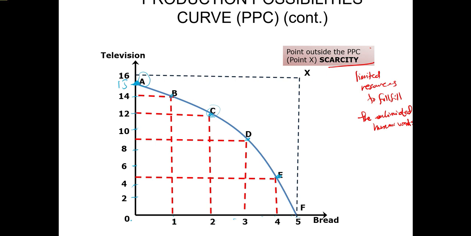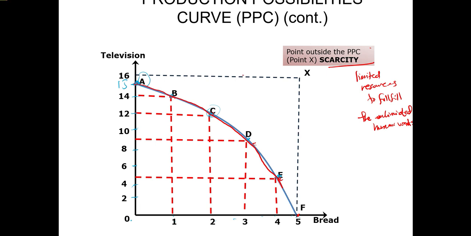Kan? Okay, so ini A, B, C, D, E adalah combination yang you boleh hasilkan dengan resource yang ada dalam negara. Mean that the maximum you can produce is at this point only. Dekat curve tu je. You cannot go outside.